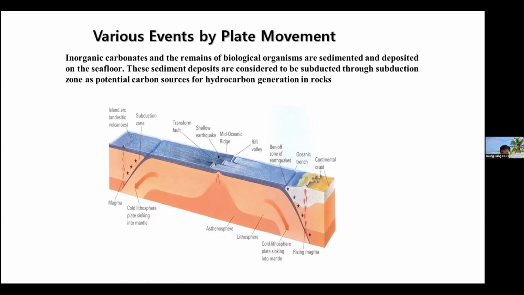During the movement of ocean crust, inorganic carbonates and the remains of biological organisms are sedimented and deposited on the seafloor. These sediment deposits are finally subducted through the subduction zone as potential carbon sources for hydrocarbon generation in rocks.